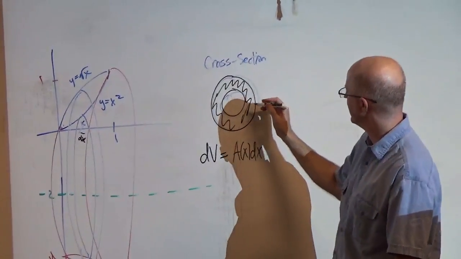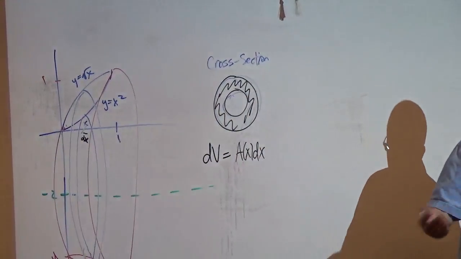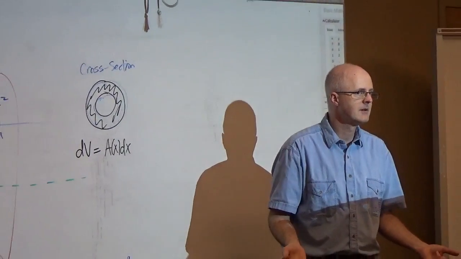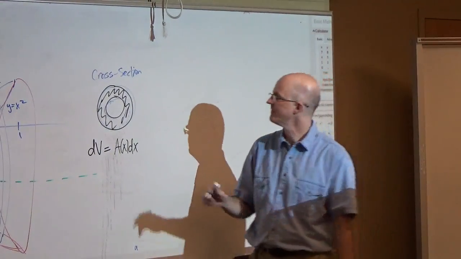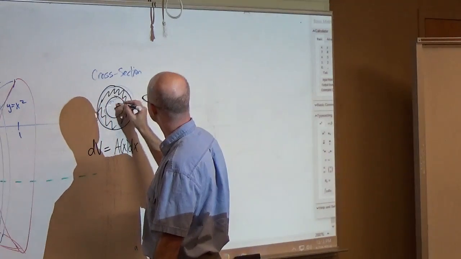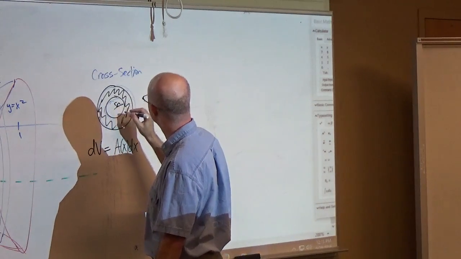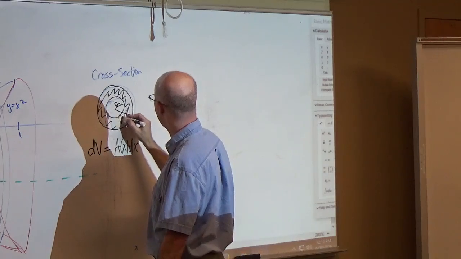What is the cross-sectional area? It's the area between two circles. Take the area of the bigger circle minus the area of the smaller circle. It's got an inner radius, r in, and an outer radius, r out.